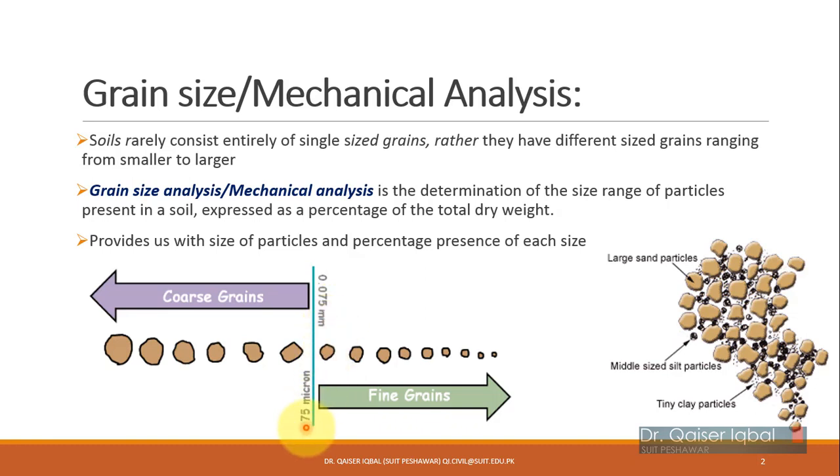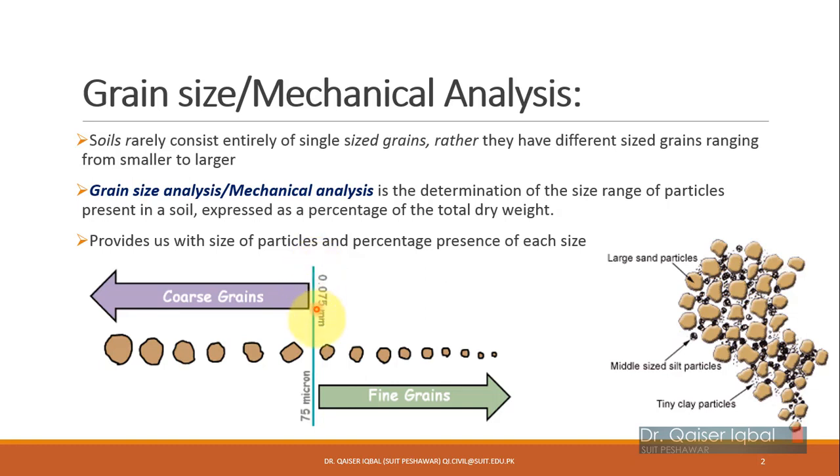So 75 micron is 75 parts out of 1 million of 1 meter, alright, or 0.075 millimeter or 75 micrometer. So this is very small, okay. You can imagine taking 0.075 of 1 millimeter.